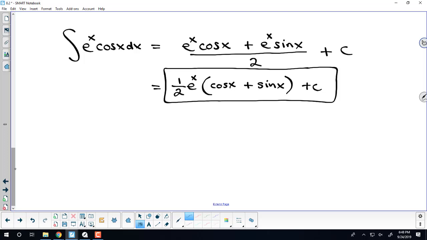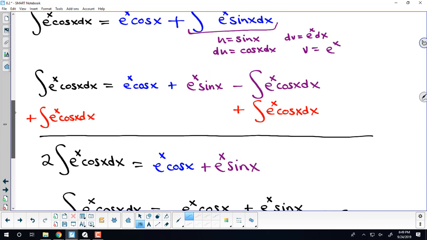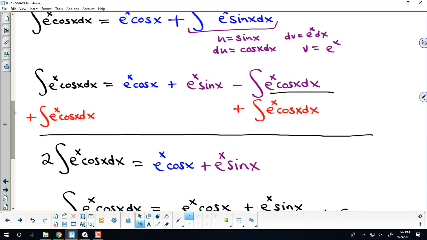So sometimes we do end up with a little bit more of a unique situation where we do just have to algebraically solve for the antiderivative. And those, like in this example, come out when you end up with the same integral that you started with, just like we did here in this second step of integration by parts.